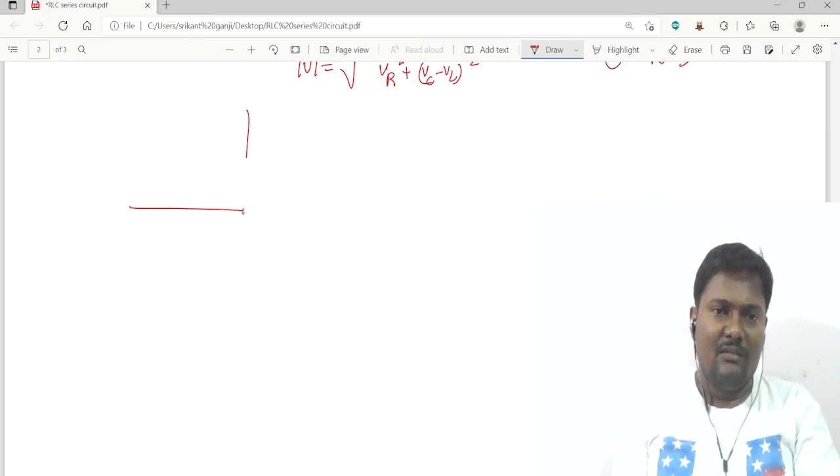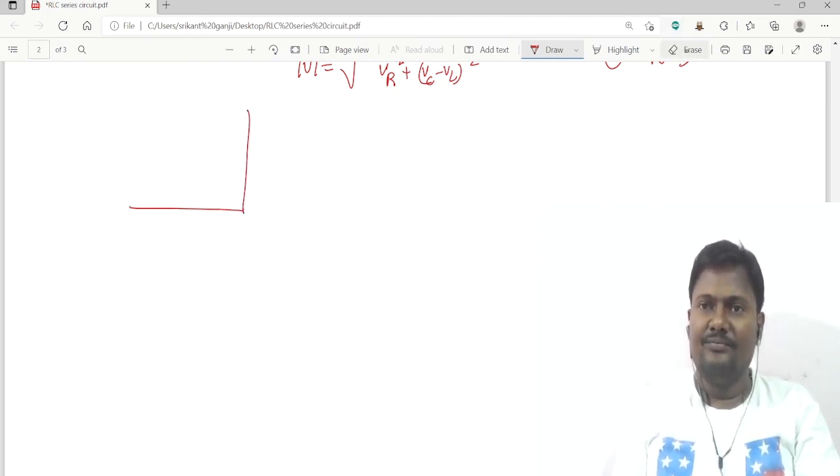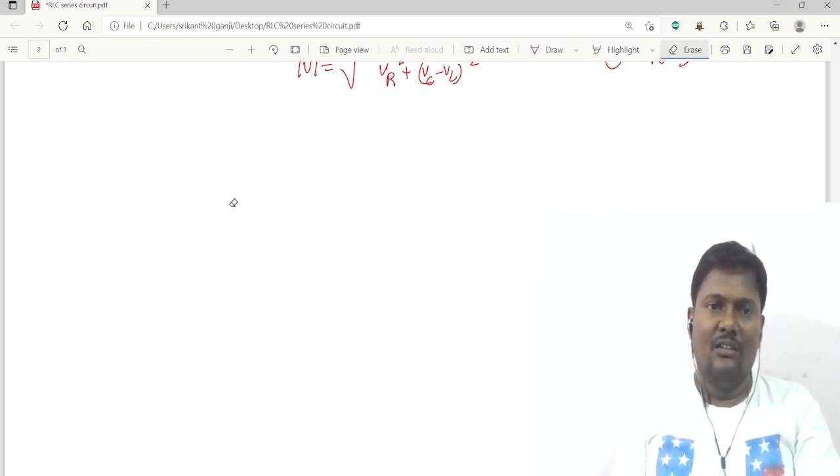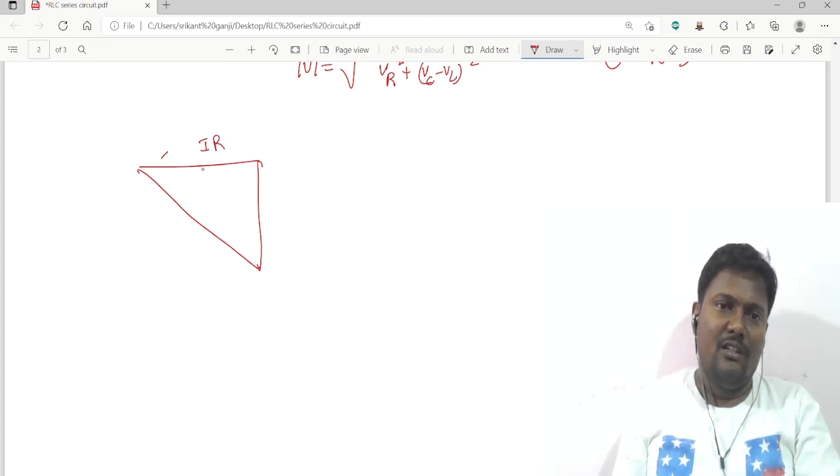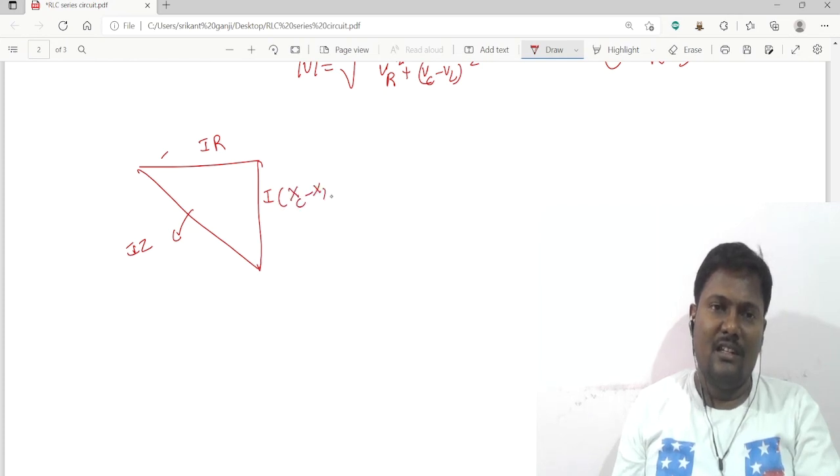And again I am getting the impedance triangle. So impedance triangle is like this. VR is equal to I into R, this is I into Z, then I into XC minus XL.